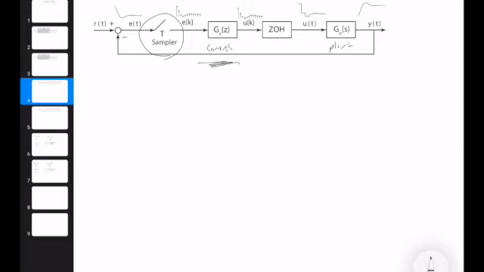Okay, so the sampler and zero order hold are important because they are the interface between two worlds. One world is the S domain, or continuous time domain. The other is the Z domain, or discrete time domain. They're different worlds, and you can think of the sampler and zero order hold as the gates or interfaces where you can combine two separate worlds.